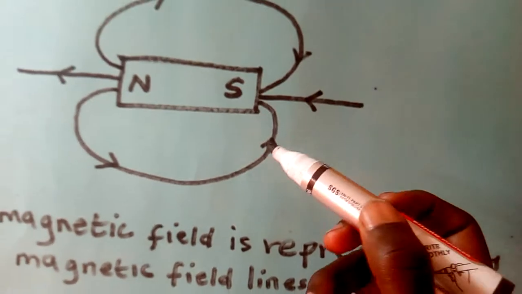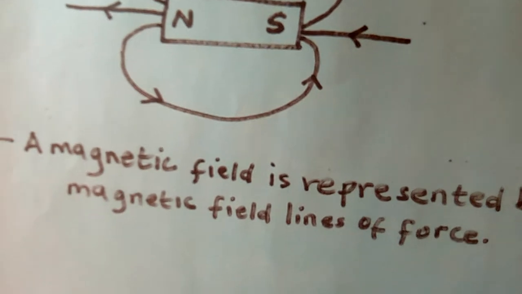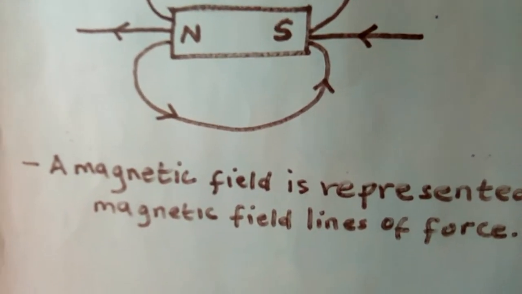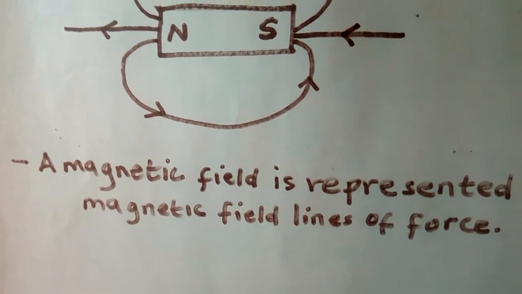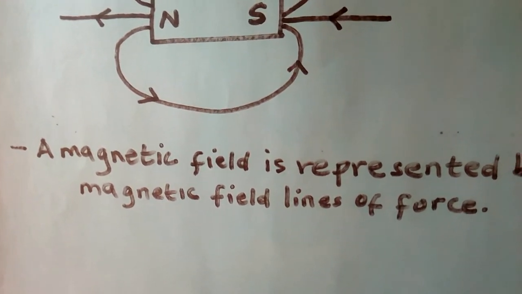These lines we have just drawn, this one and that one, we call them magnetic field lines of force. So a magnetic field is represented by magnetic field lines of force.